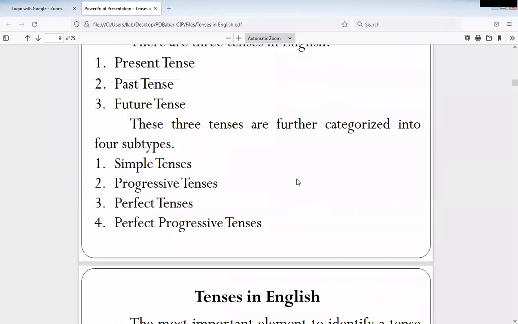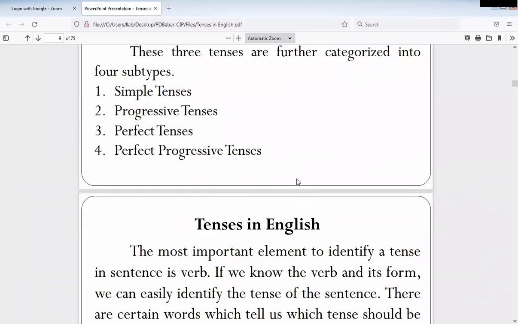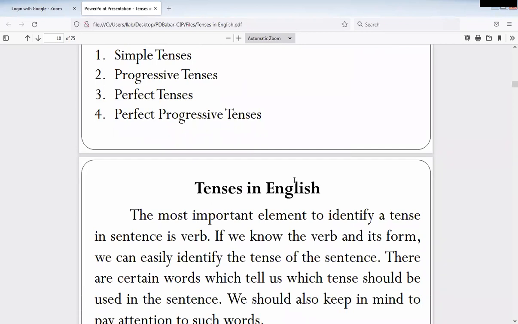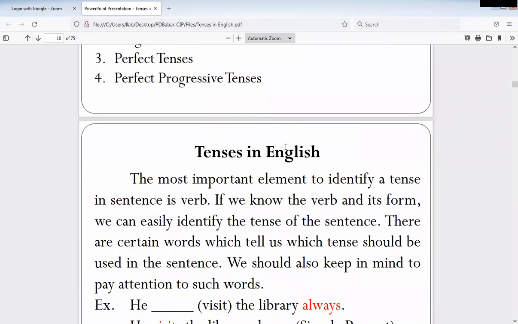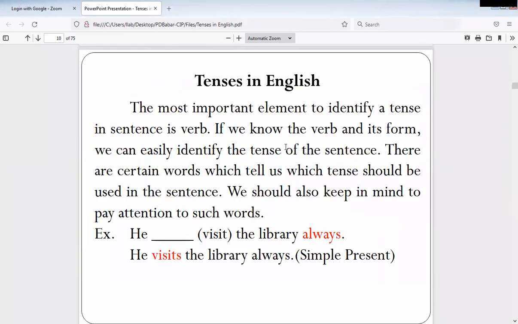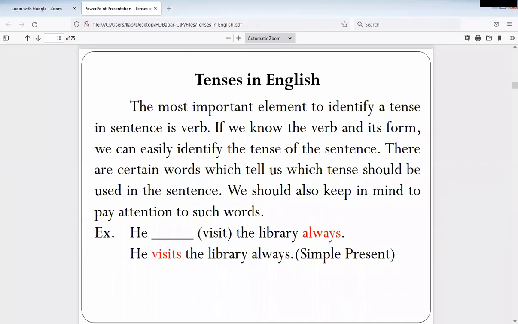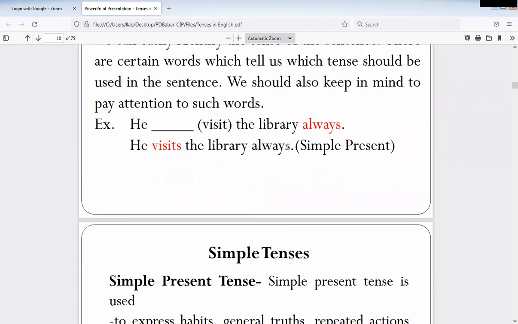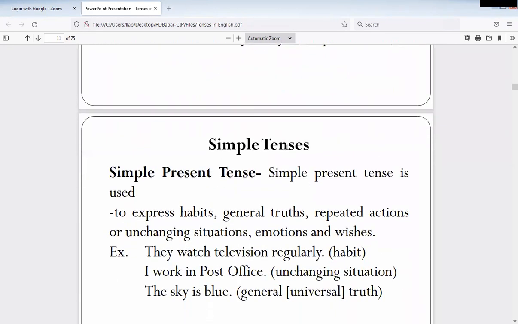Present tense, past tense, and future tense are the 3 main tenses in English, and these 3 have 4 subtypes: simple tenses, progressive or continuous tenses, perfect tenses, and perfect progressive or perfect continuous tenses. Each main tense has these 4 subtypes.